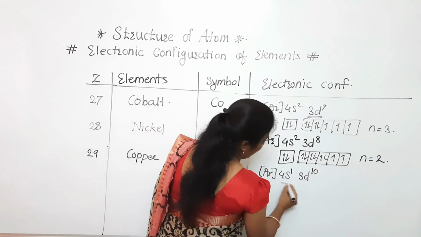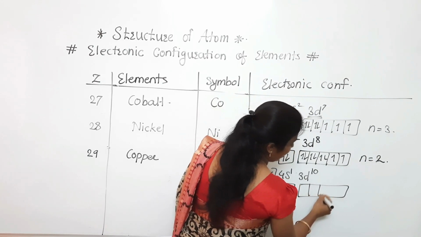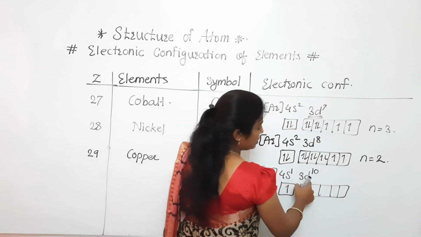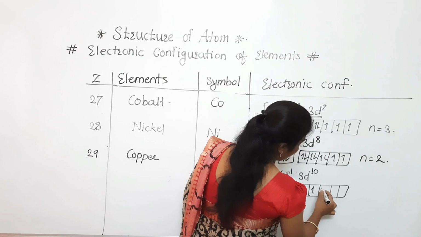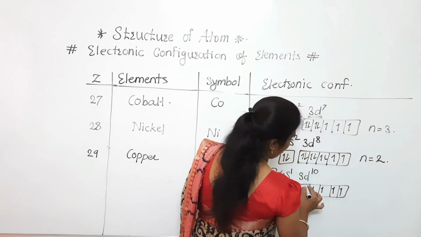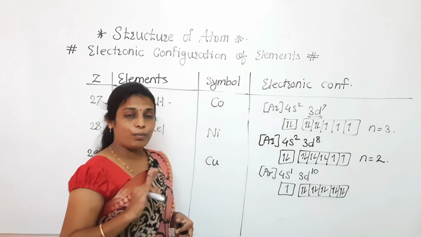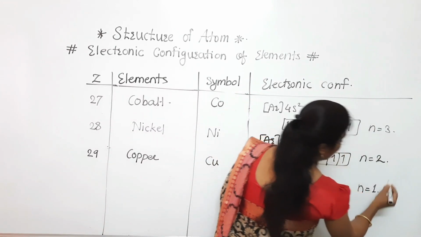So again, when drawing the electrons, in 4s there is only 1 electron. In 3d 10 electrons are there, so we write 1 in each box, and after that by pairing all the orbitals are completely filled. So here n is equal to only 1.